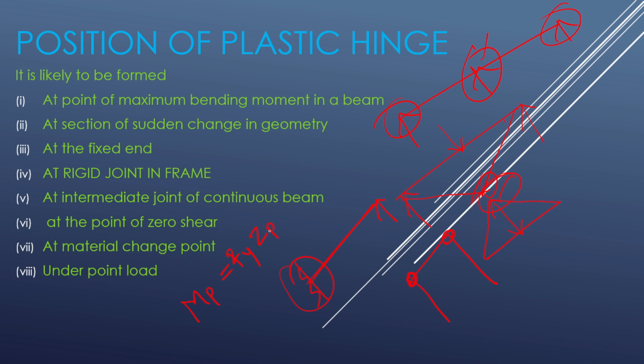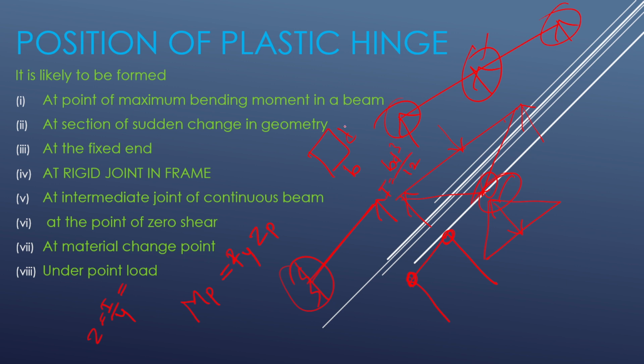From previous study, the plastic moment is the stress into the modulus of section. The modulus of section Z is I by Y. For a rectangular member, B is the breadth and D is the depth, so BD cubed by 12 is our I value, the moment of inertia.